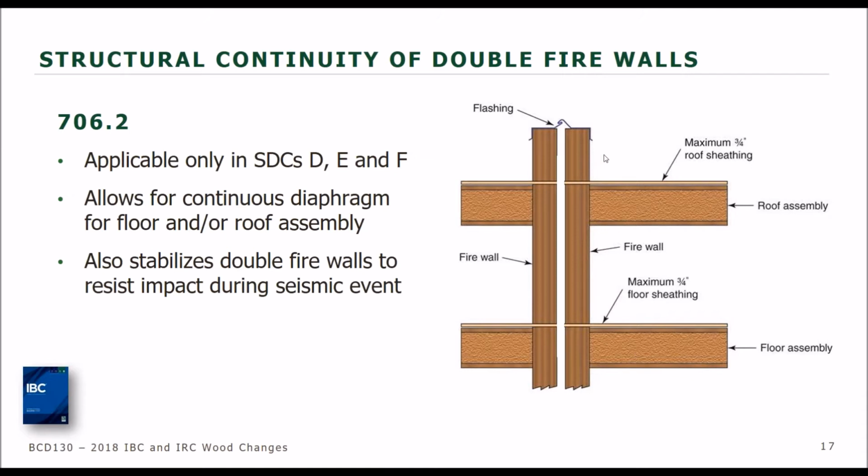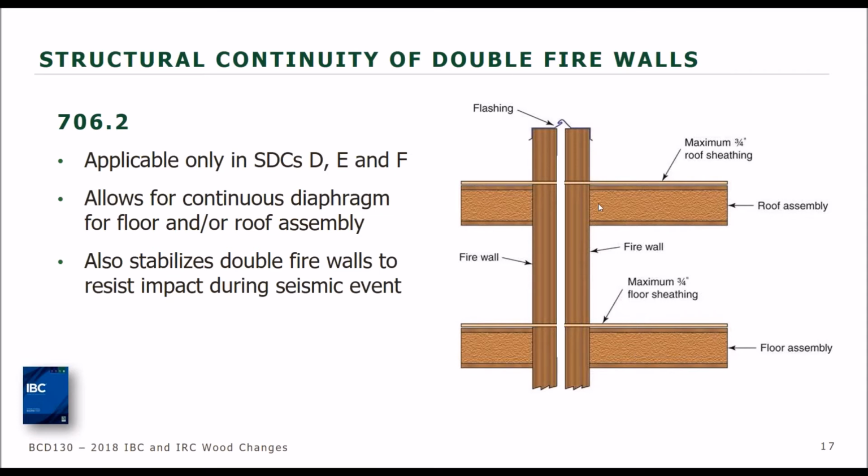Now, under the 2015 IBC, there needed to be total separation between the two firewalls. Under the 2018 code, however, this has been clarified and modified to allow for the diaphragm to continue through. Now, imagine this building under an earthquake: the building wants to shake.